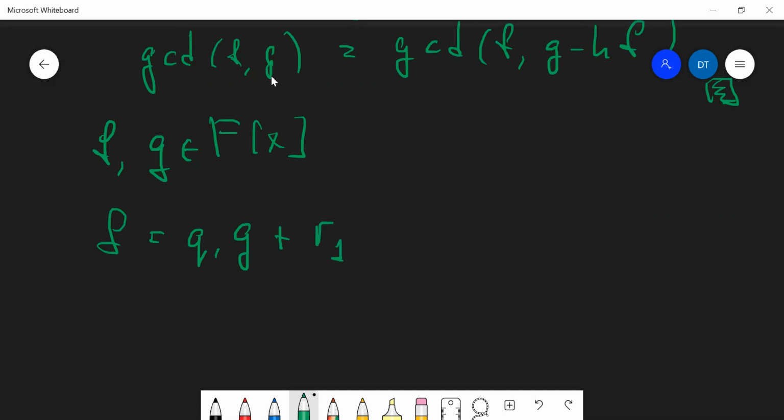Then, let's say that this thing denotes the greatest common divisor with the leading coefficient being 1. Using the previous rule, we see that the greatest common divisor of this thing is equal to the greatest common divisor of this thing.